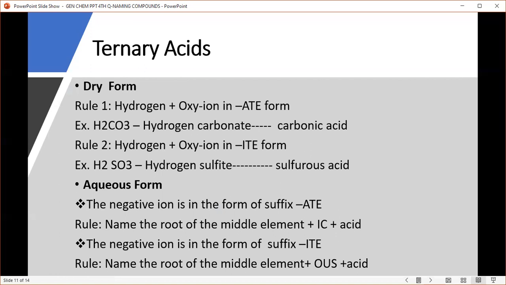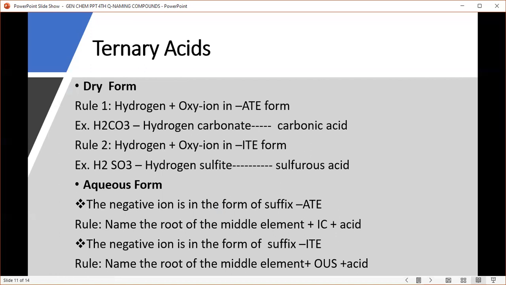So we have H2SO3. See, H2 again, that is hydrogen, and SO3, if we try to locate it, SO3 with the overall charge -2, that is sulfite. So hydrogen sulfite, that is the name of our ternary acid H2SO3.